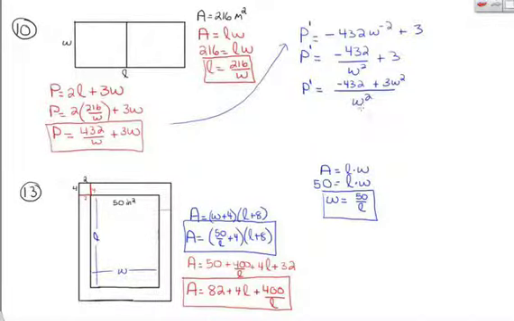Now I know that my critical values are going to be whatever the top equals 0, whenever the bottom equals 0 is going to be an undefined, which is also a critical value. That's only going to happen at 0. We haven't talked about the domain of this function yet, but pretty clearly 0 for w would definitely be the lower end of our domain, because w can't be less than 0.